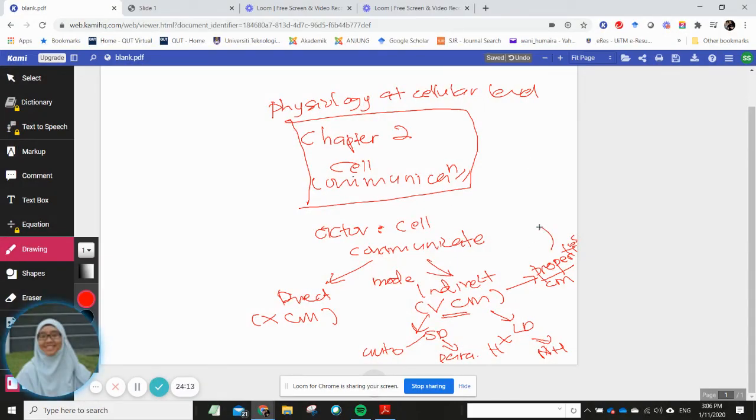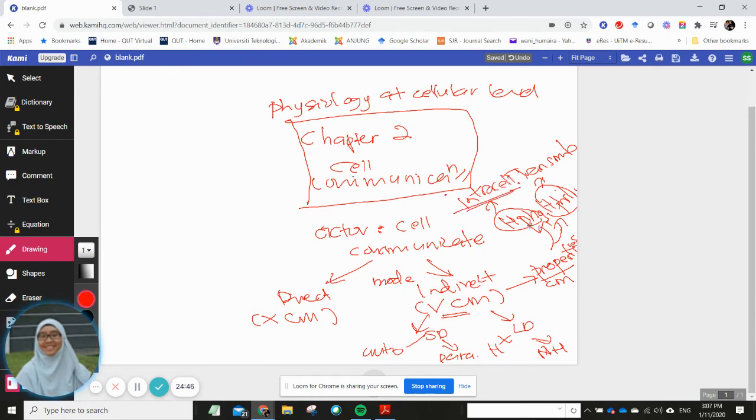That's why we learn about hydrophilic and hydrophobic. I don't know whether you understand or not. So hydrophobic and hydrophilic eventually relate to the types of receptor, whether transmembrane receptor or intracellular receptor.